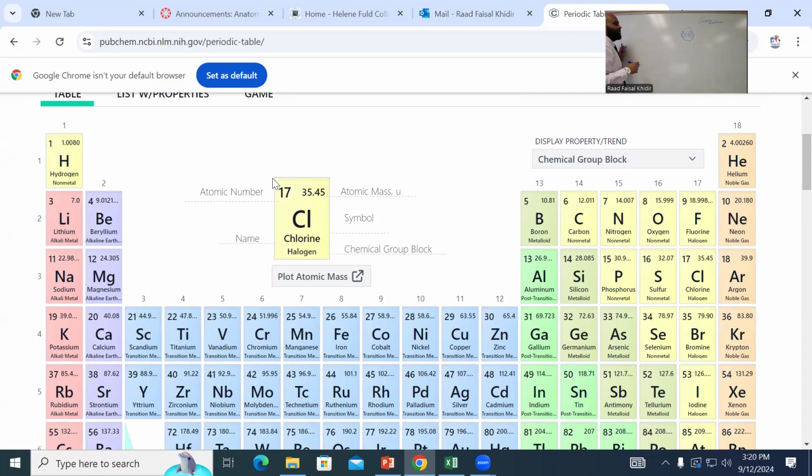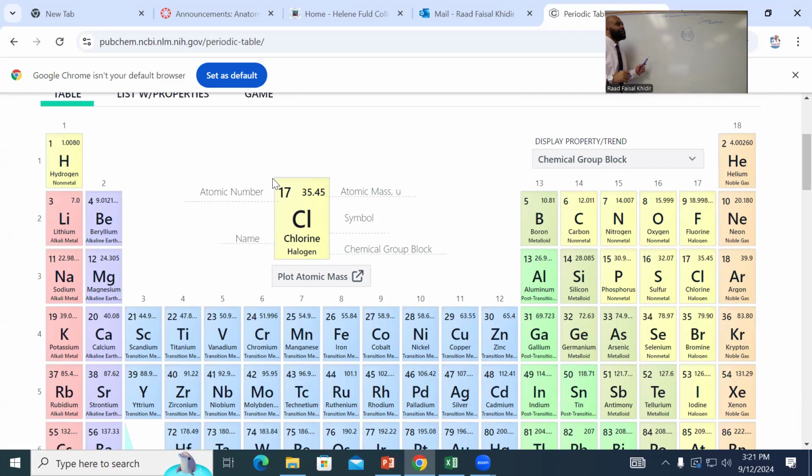Okay. So what is the atomic number? The atomic number is the number of protons. That's the same thing, like the population in the school is the number of students. They refer to the same thing.